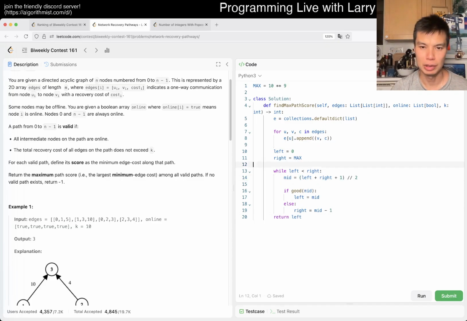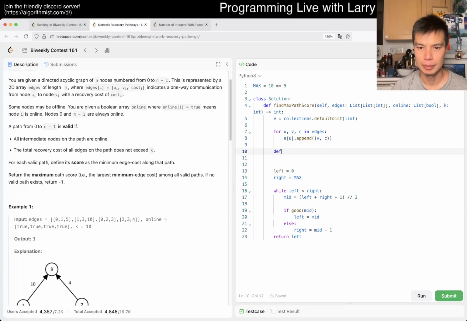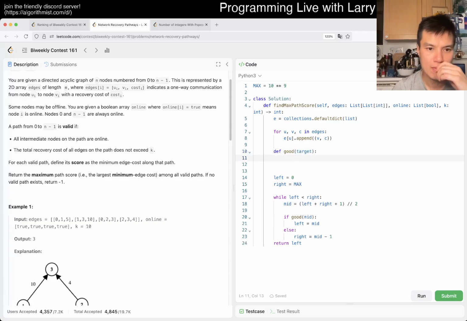Okay, and then now what's good? Good means that there exists a path, largest min edge.